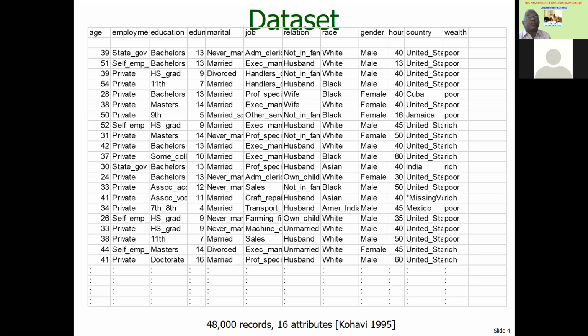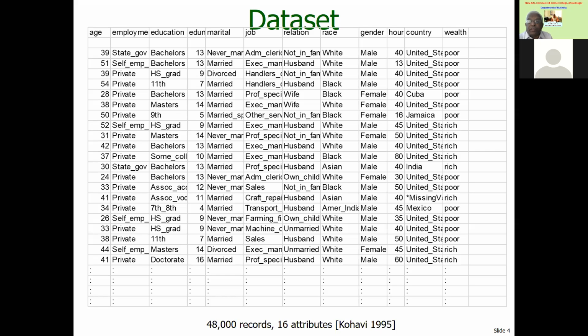How many years of education? Marital status? What is the type of job? What is the relation in family? Race, gender, hours he worked in a week, country, and wealth.